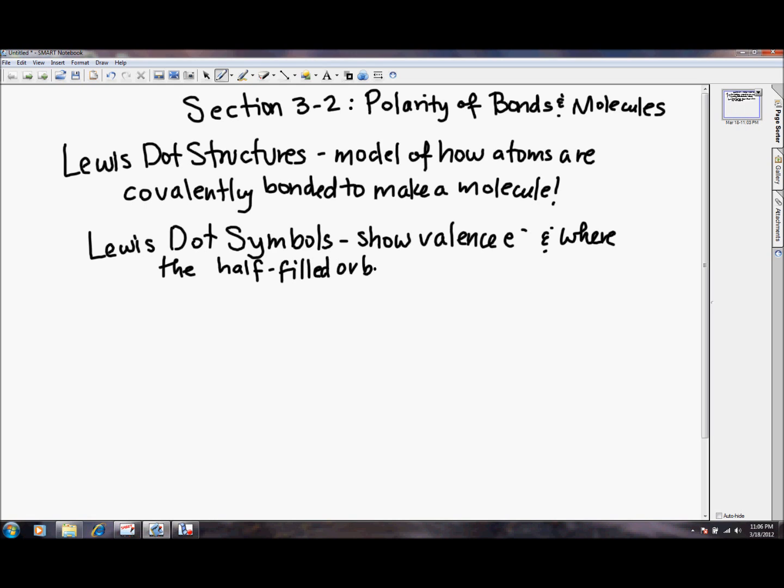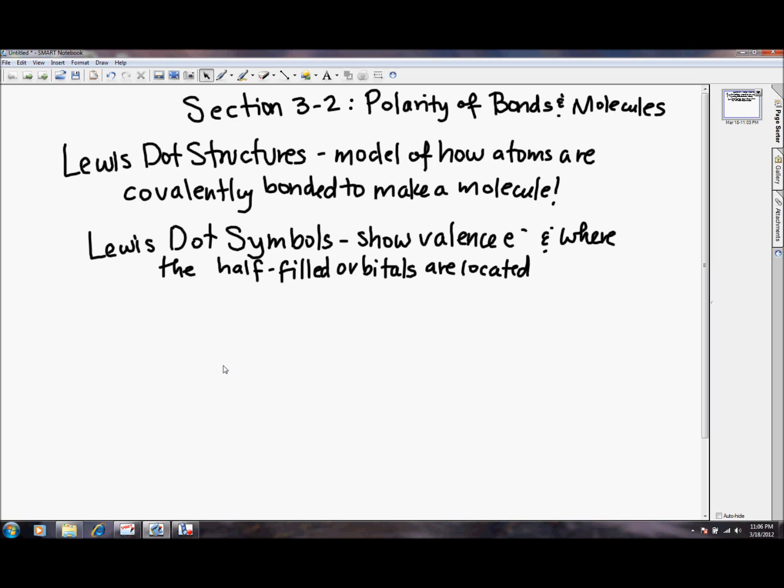But more importantly, not only does it just show how many valence electrons, but it shows where the half-filled orbitals are located. Because remember, those half-filled orbitals are crucial for creating the covalent bond, because that's the electron that it's going to share with another atom that also has one half-filled electron. So together they're going to share, and they're going to have shared ownership, if you will, of a pair of electrons.